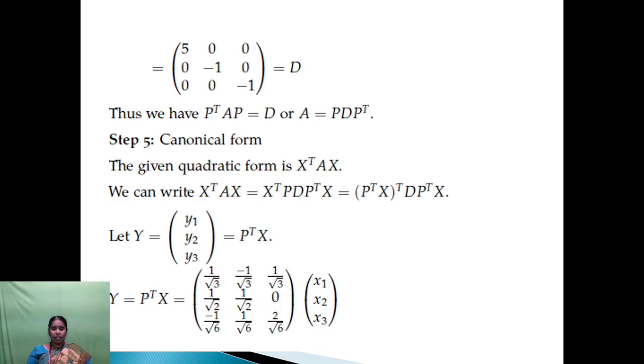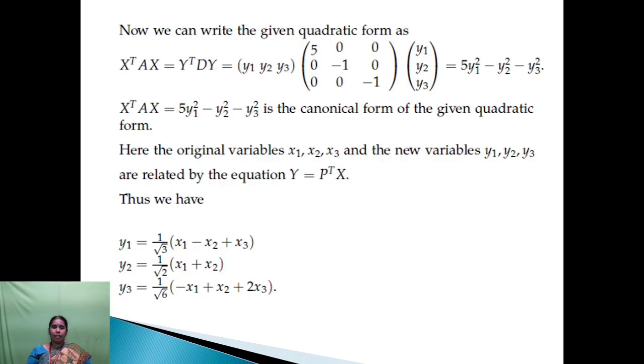Thus, x transpose Ax takes the value 5y1 square minus y2 square minus y3 square, which is the canonical form of the given quadratic form, in which y1, y2, y3 take the values 1 by root 3 into x1 minus x2 plus x3, etc., which is nothing but the product of P transpose into x.